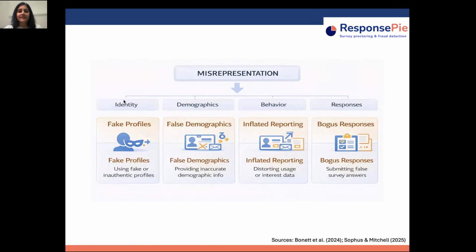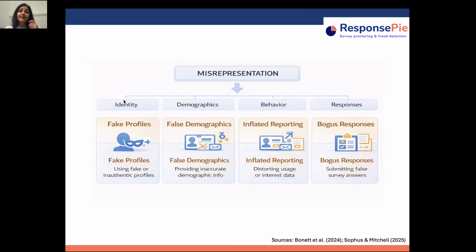One, they may create fake profiles, essentially inauthentic profiles, so they can qualify for different surveys. They may provide false demographics, so they may lie about their age, location, gender, industry, occupation, just so they can meet the screening criteria.